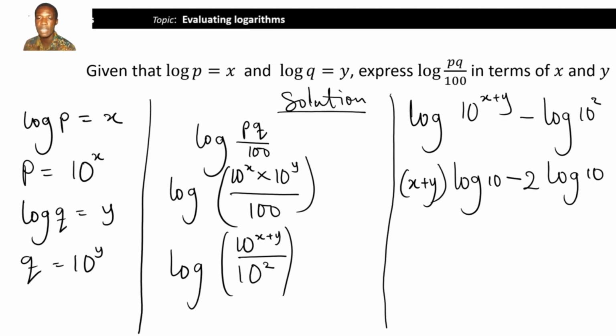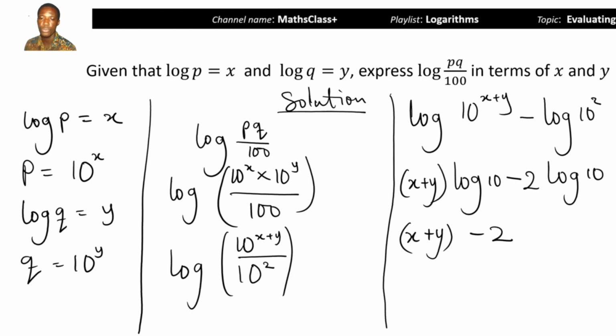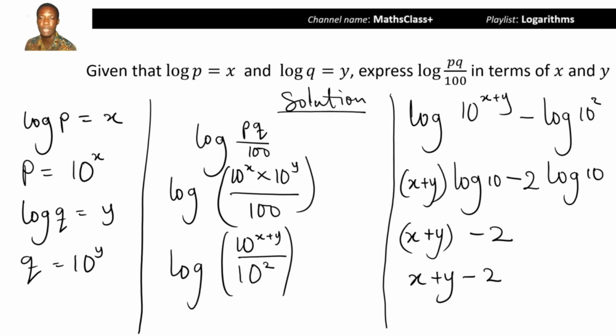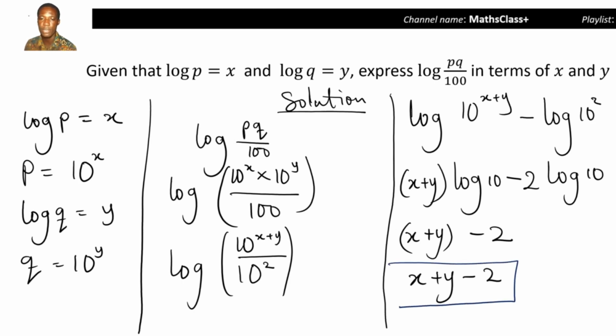Remember that the base is 10 and the log number is also 10. So if the log value is 10 and the base is also 10, then they go to 1. So this becomes x plus y minus 2, and that is the expression obtained as required.